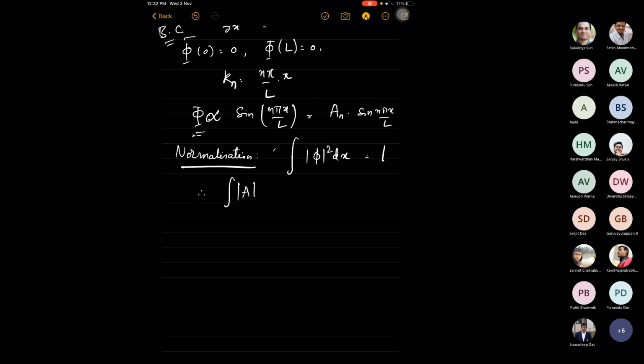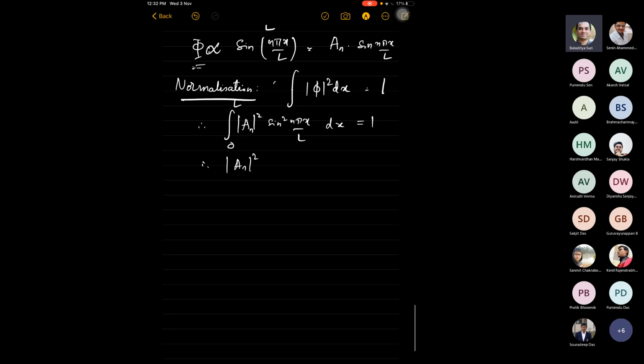Therefore, that gives you mod an squared times the integral of sine squared n pi x by L dx going from 0 to L is 1. Sine squared n pi x by L is just 1 minus cos 2n pi x by L, divided by 2. The cosine term gives you 0 because it is a full wavelength, so it doesn't contribute anything to the integral.